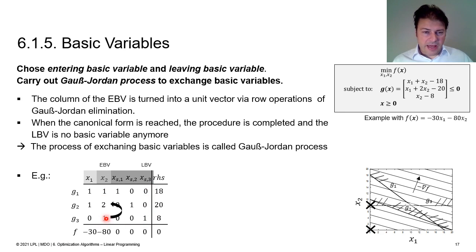And you do that by adding rows or multiples of rows such that this entry will become 0 and this entry will become 0, but you need to add entire rows. And this is like changing your coordinate system, and that will allow you to move towards the next vertex.